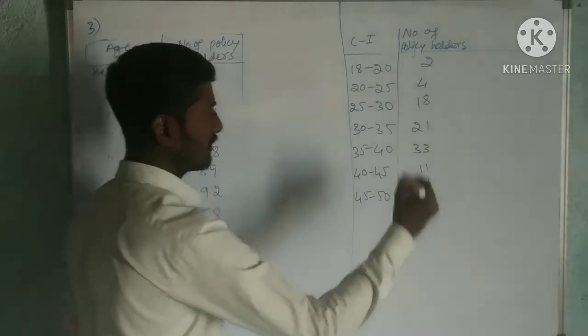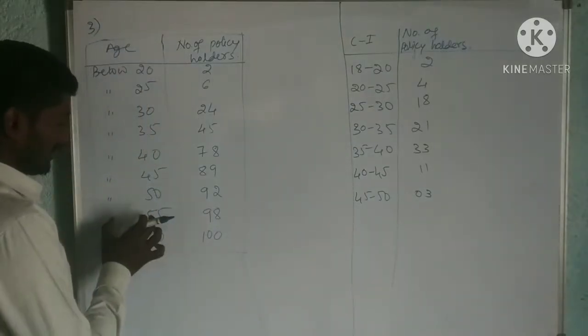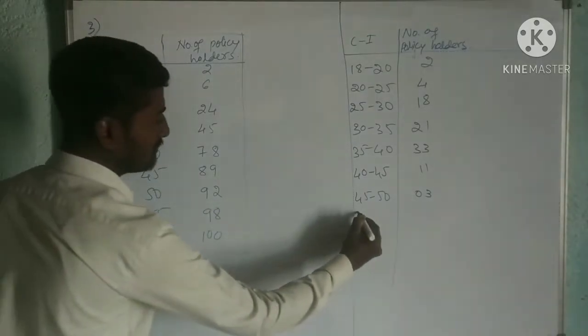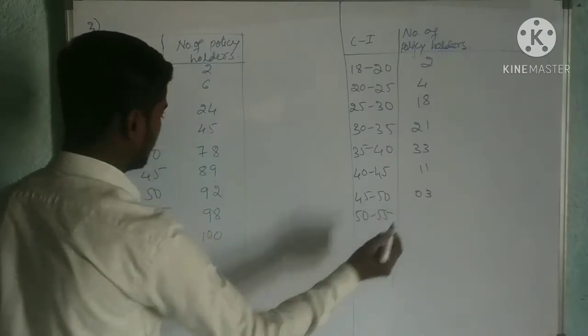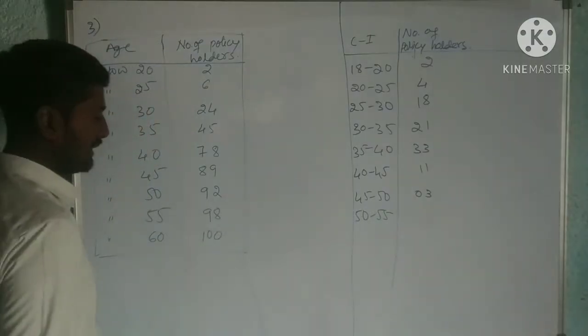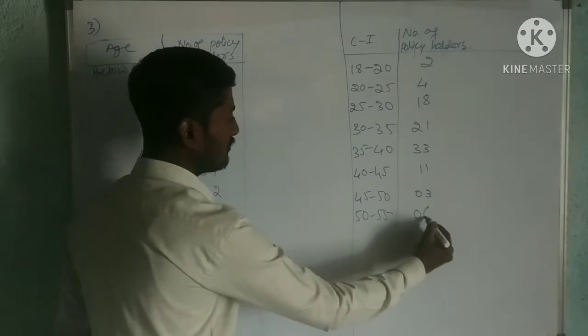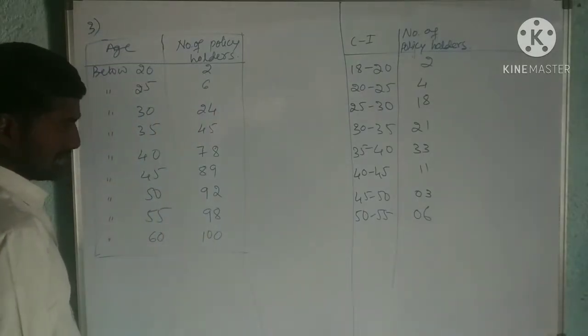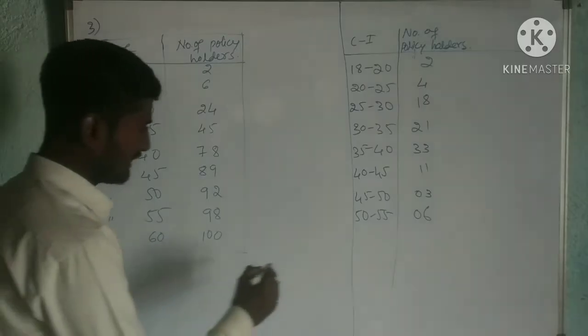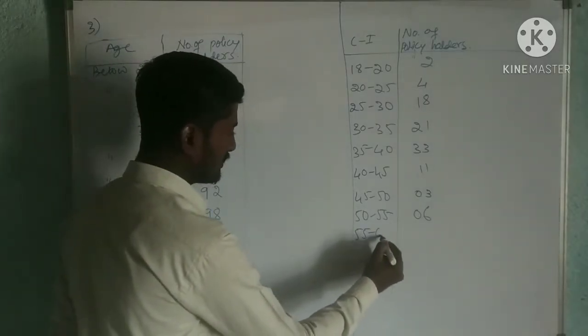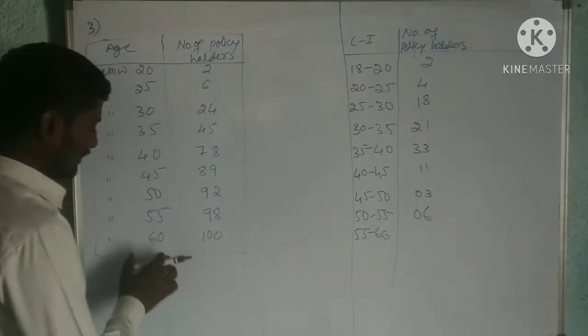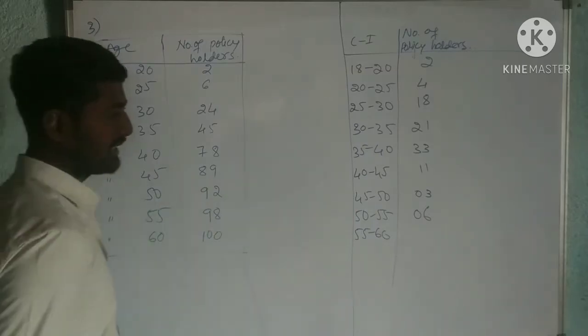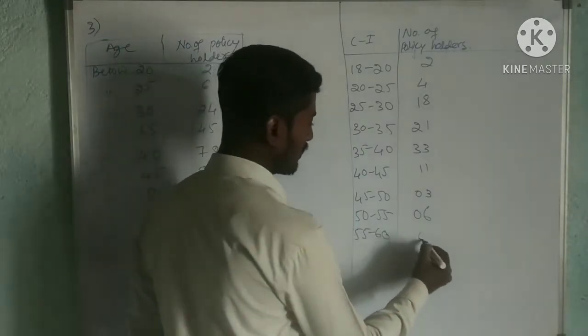Next, 50 to 55. So 98 minus 92, that is 6. Then 55 to 60. How many are there? 100 minus 98, that is 2.